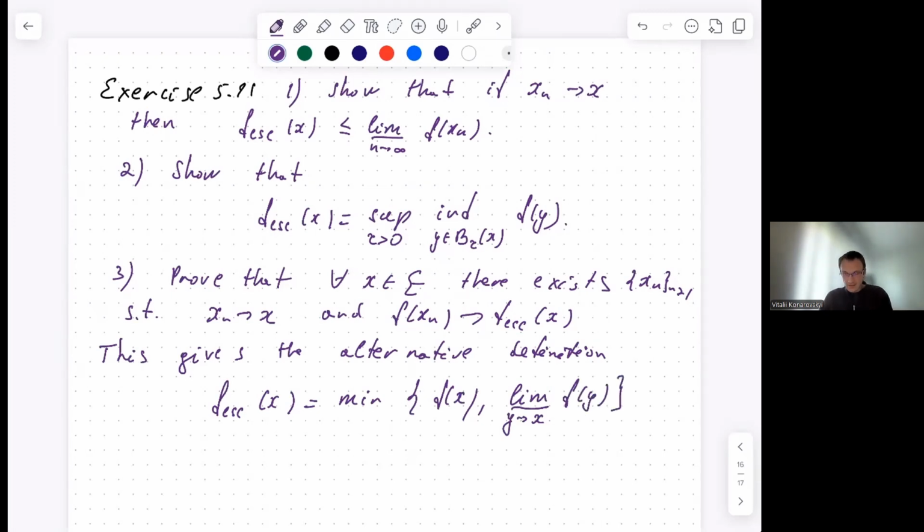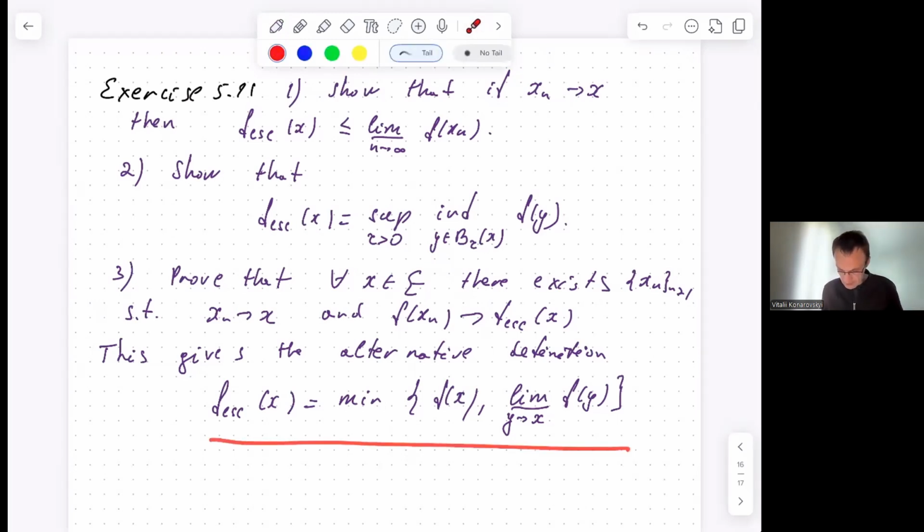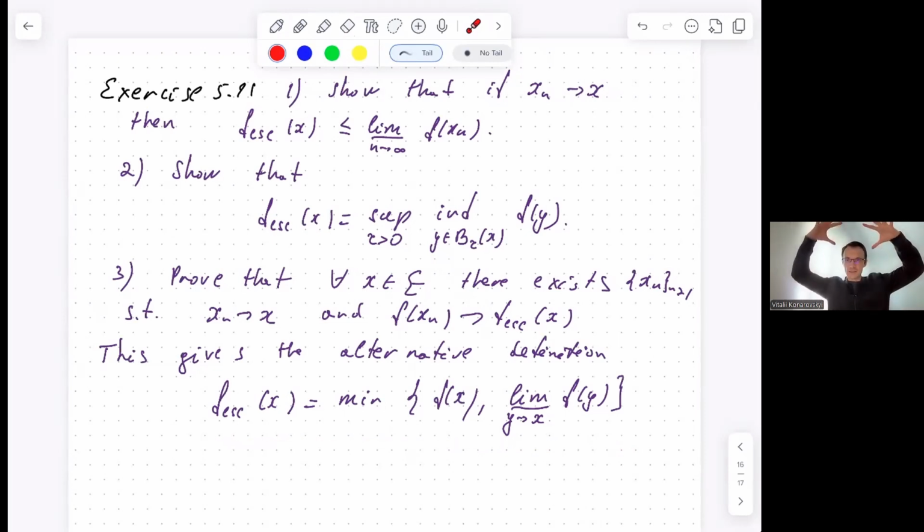Just taking into account this property, I'm sure that you can also get more or less good intuition of what a lower semi-continuous regularization is. Actually, you take the bad points where the function f is discontinuous, and you move these bad points down to the main graph of the function f.